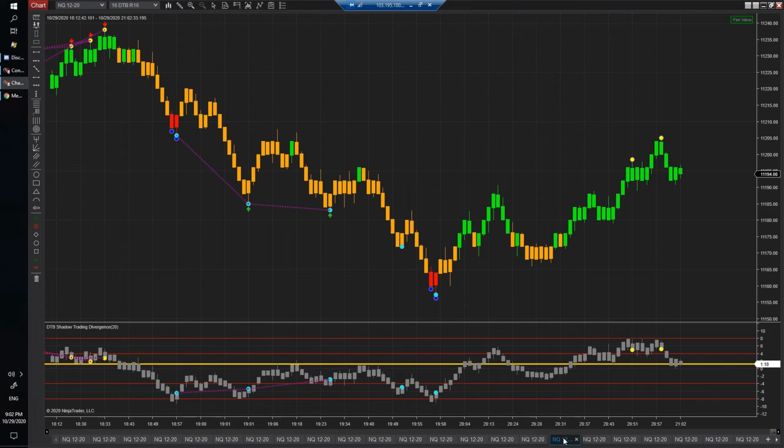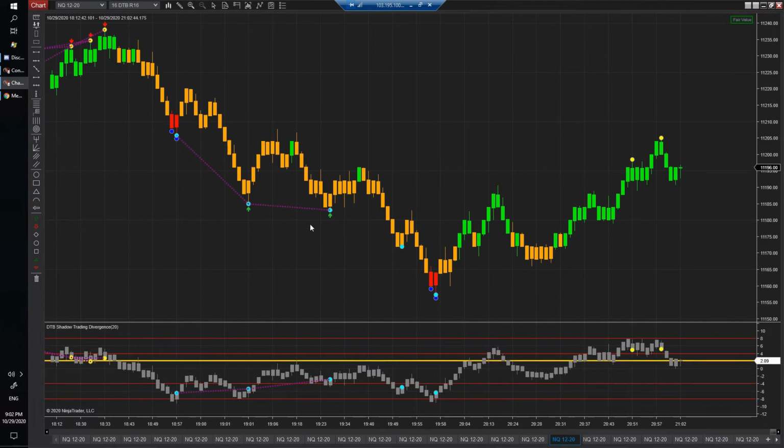Our next indicator is a variant of the Shadow Trading. This is also going to show you the coloring of the bars. It's going to show you the divergences. It's going to show you the dots. The dots are very similar to the arrows in the previous example.